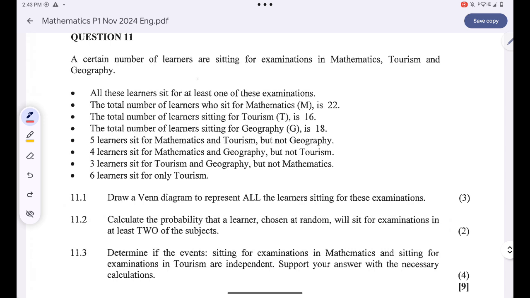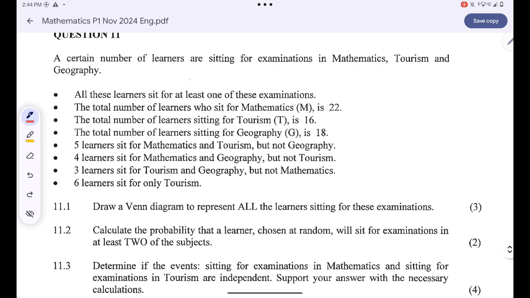We are told that a certain number of learners are sitting for examinations in mathematics, tourism, and geography. Then we are given this information over here. The first bullet point says all these learners sit for at least one of these examinations.